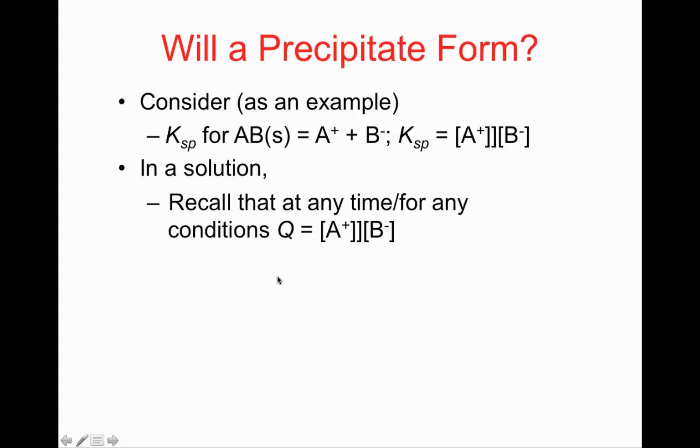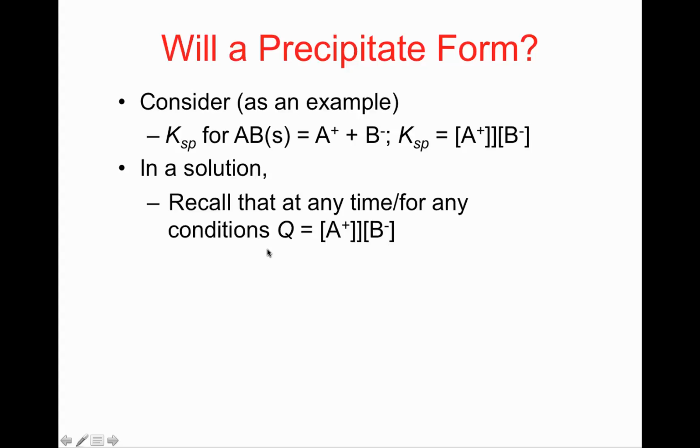So how would we determine whether or not a precipitate forms? The answer is we would go to our friend Q, the reaction quotient. Once again, if I have an equilibrium expression, at equilibrium I can write down Ksp is equal to the concentration of A plus times the concentration of B minus. But Q applies at any time under any set of conditions.